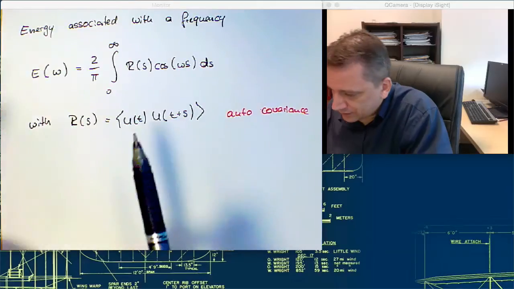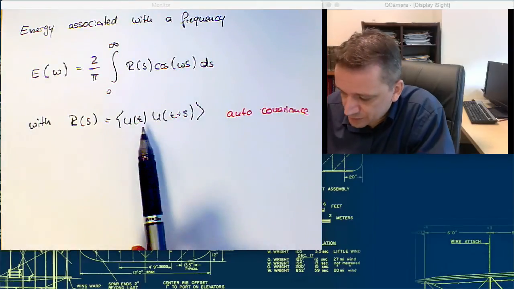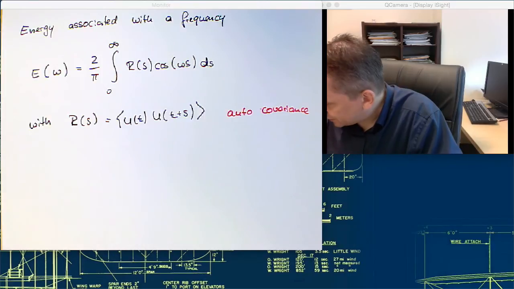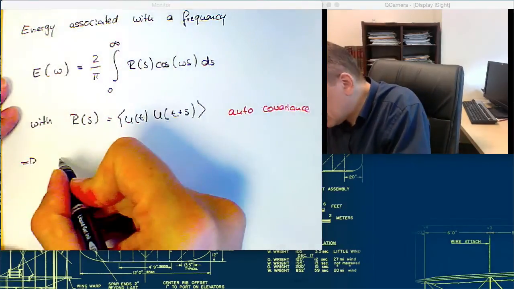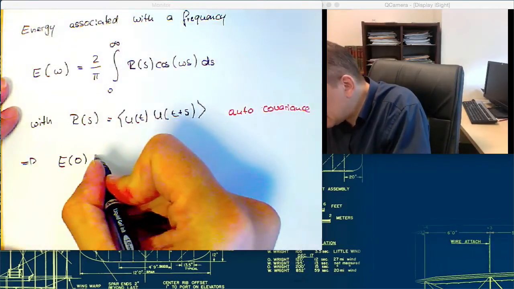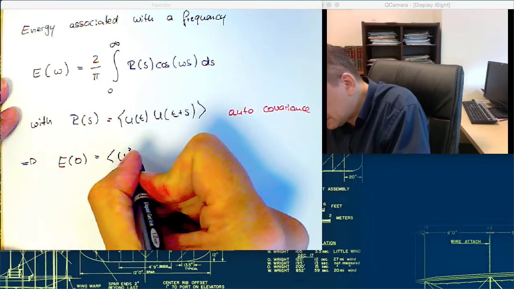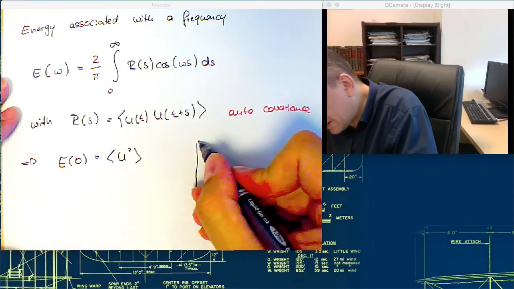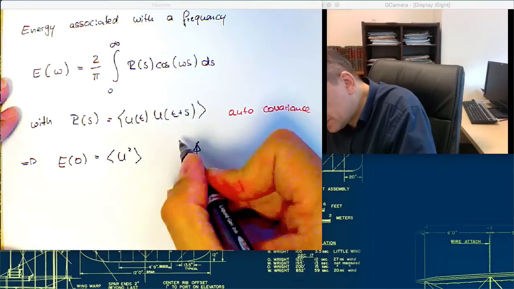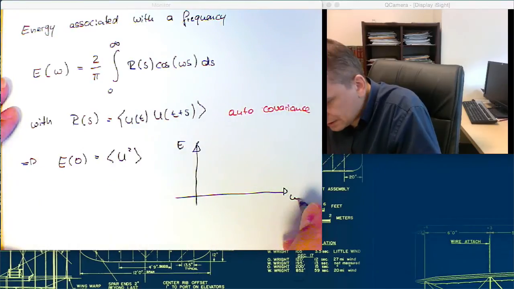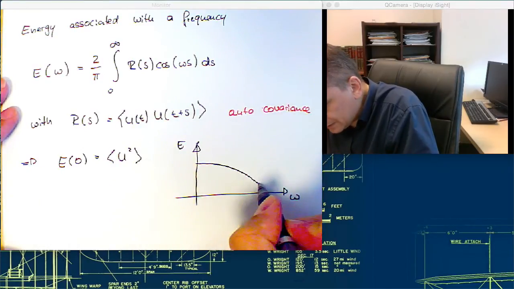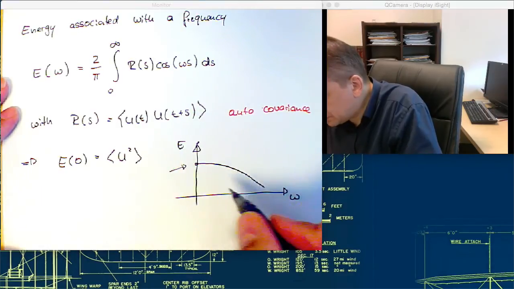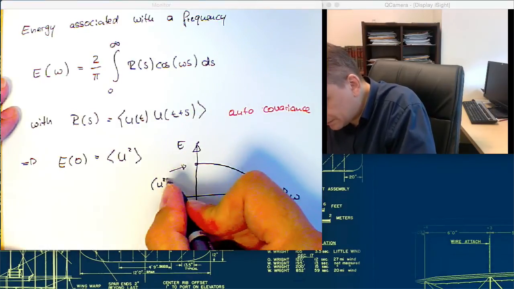So essentially you're not only looking at the spectrum itself, but you would like to know something about the energy associated to it. From that follows that E of 0, for example, is going to be u squared. There's the energy associated to it. So if you have now your energy spectrum as a function of the frequency, maybe it looks like this, and this value over there gives you the mean value of the energy.